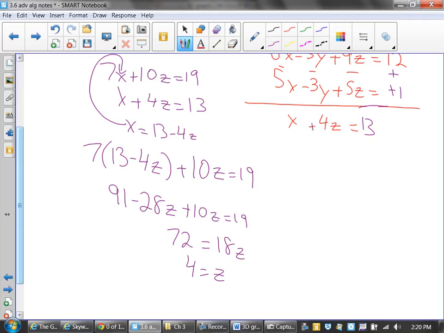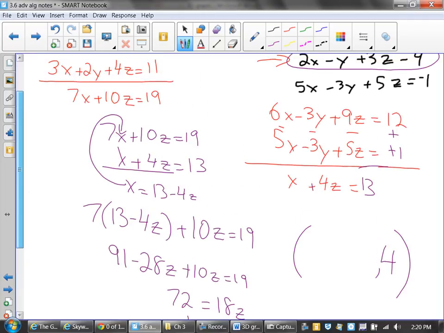You know that one of the ordered triple, the z value, is 4. Do you have some very easy way to solve for x now? What just happened in the 7x plus 10z equals 19?